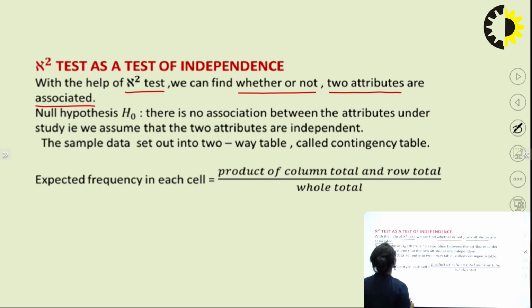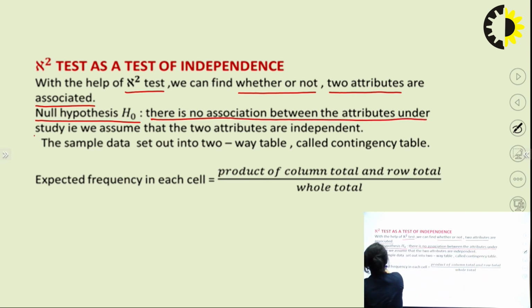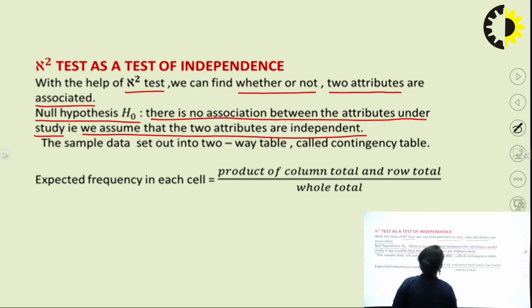For that, applying chi-square, we always need a null hypothesis H0. H0 is considered as: suppose there is no association between the attributes under study. So we assume that the two attributes are independent.